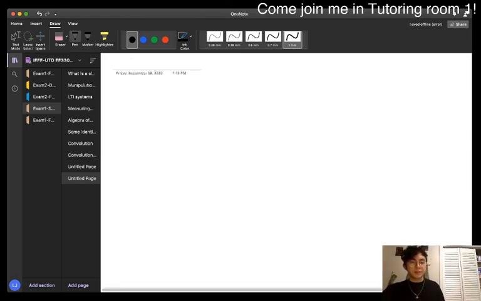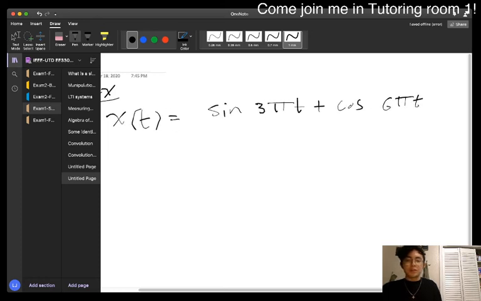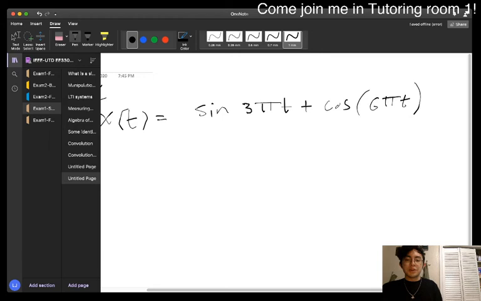The question here is to take our signal, x of t, equal to sine 3 pi t plus cosine of 6 pi t. How do we get the period here?